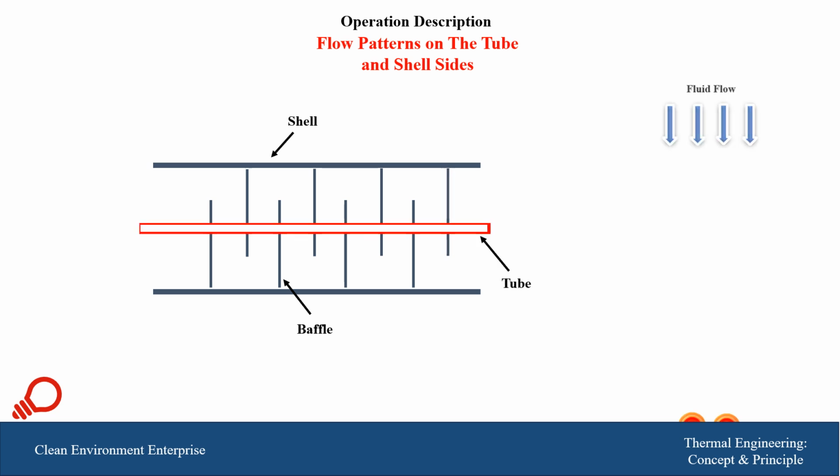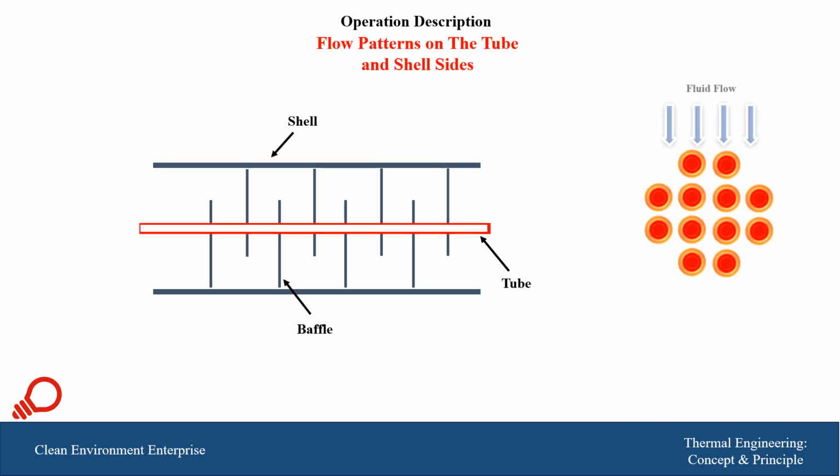And let us consider this shell is occupied by a tube bundle composed of 12 tubes with fluid passing on the external side. And let us take one of these tubes, as shown in the shell, just to show how the fluid flow patterns on both sides could be.